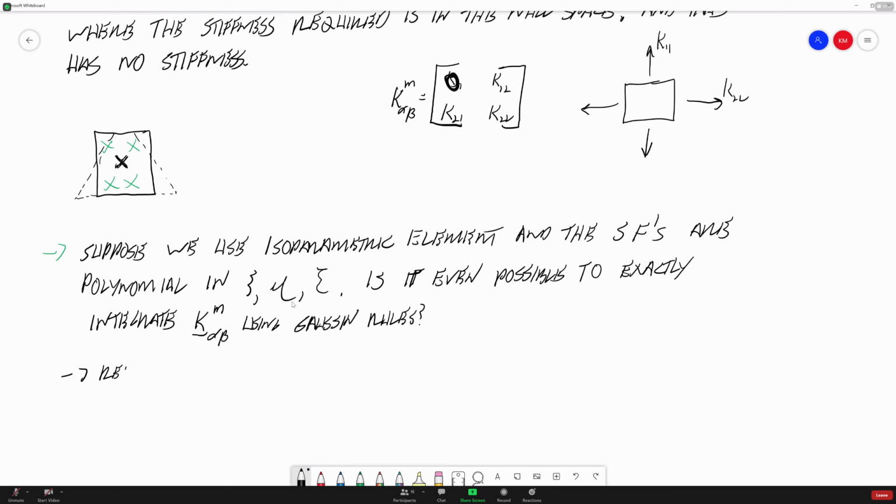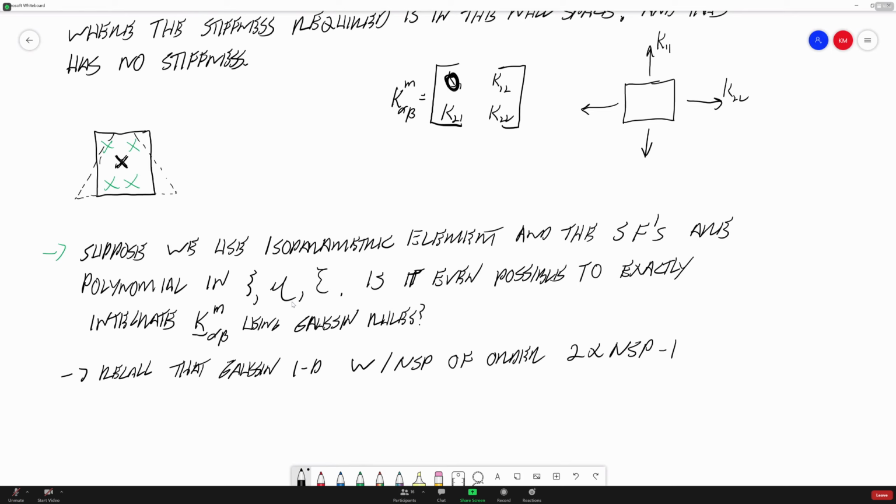So recall that Gaussian 1D with the number of sampling points of order 2 times the number of sampling polynomials minus 1.